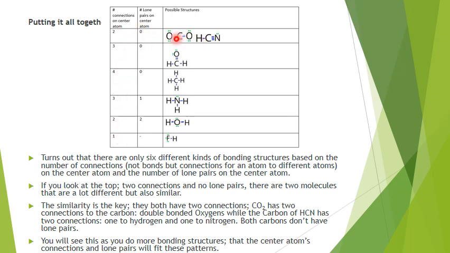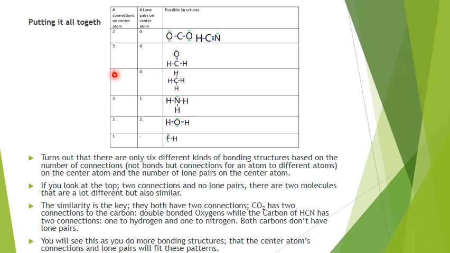We had the case of carbon dioxide and cyanic acid. Both had 2 connections to the center atom, and the center atoms had no lone pairs. We had another situation with 3 connections to the center atom. This is formaldehyde, and the center atom did not have any lone pairs.